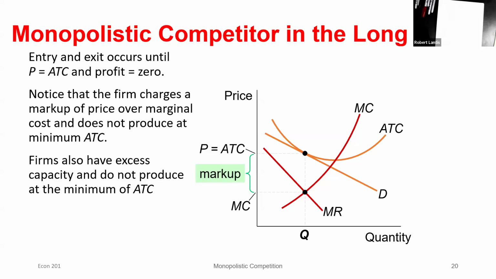So if firms enter, what happens to the demand curve for the firm? It's going to decrease, which would then lower the price until in the long run, profits will equal 0. So we get the same long run result, and it is really operating the same way, through shifts in demand curves. It's just that when we were looking at perfectly competitive markets, the demand curve was just the equilibrium price.